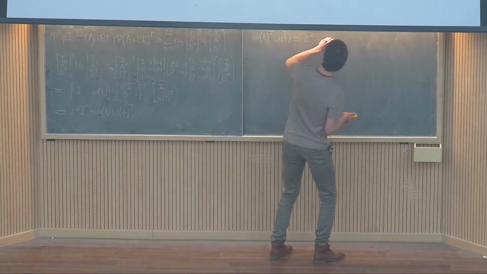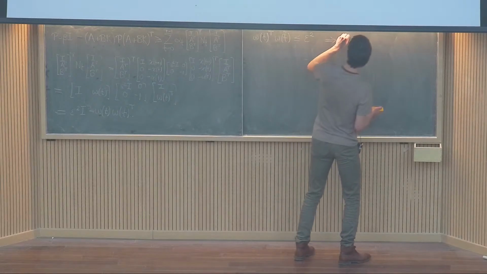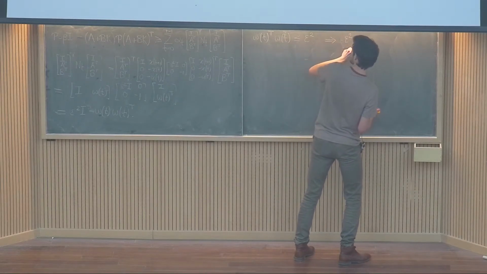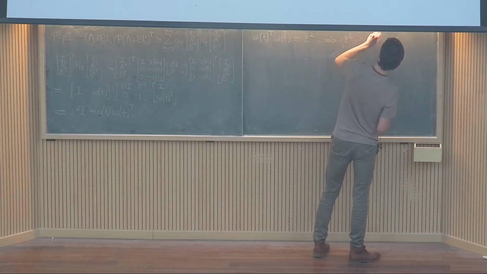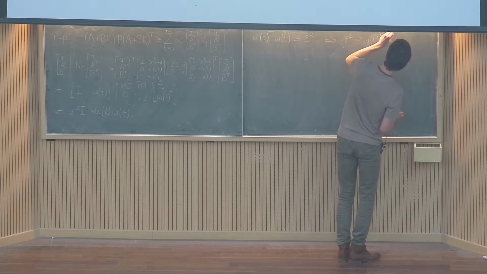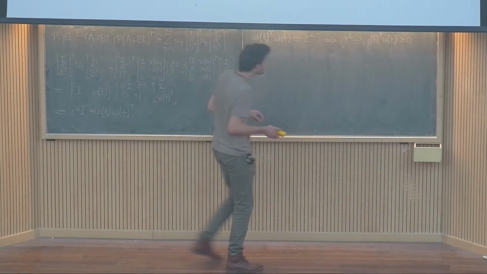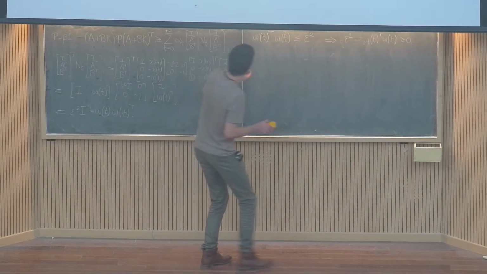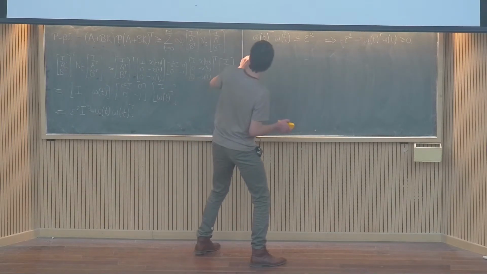Well, what does that imply? Well, I just take everything to one side. So epsilon squared minus wt transpose wt is greater or equal to 0. Now I use a Schur complement argument.